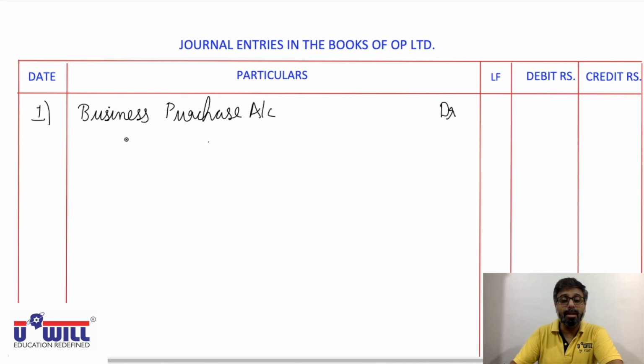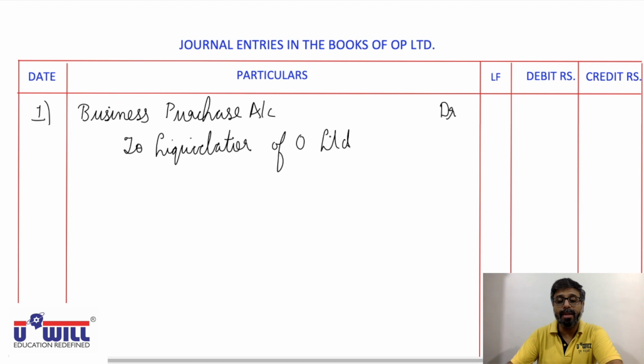Here there are two companies, so to liquidator of first transferor company O Limited account, and then again to liquidator of second transferor company P Limited account.